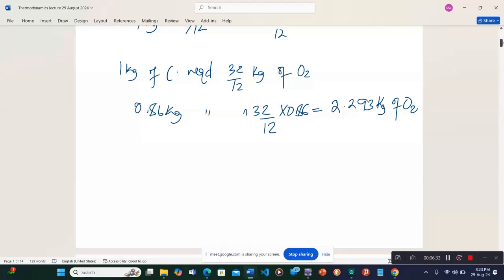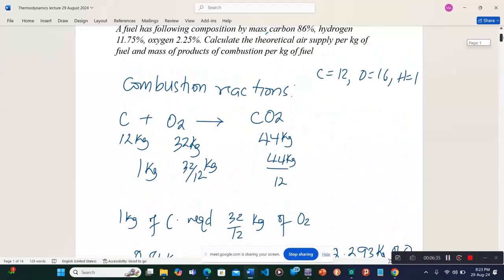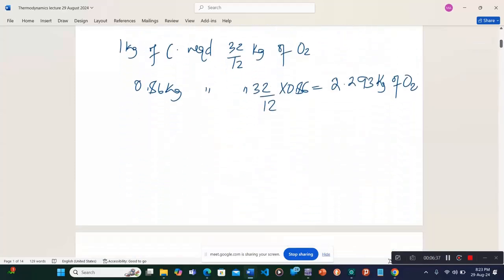Then we need also to talk about the reaction of hydrogen. Okay, so hydrogen plus oxygen gives us water. So if we balance, we can put our half here.